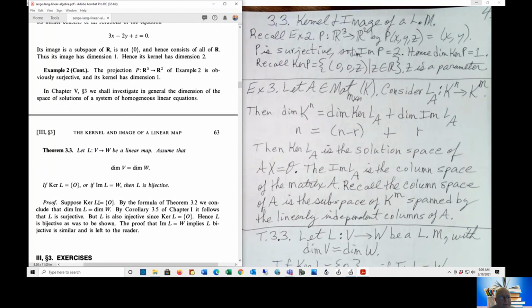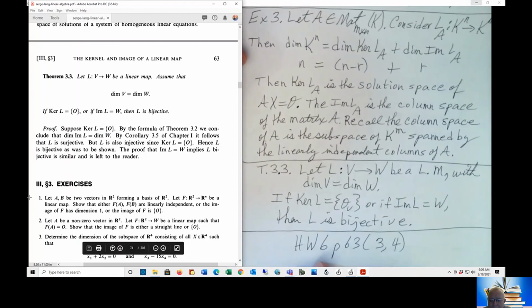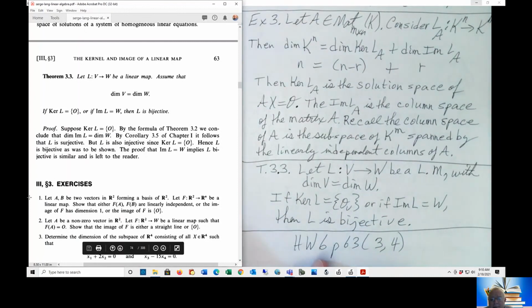And then finally, we have theorem 3.3, which we will state, and I don't intend to prove it, it's simple, but here's what it says. Let L be a linear map, V to W, and suppose the dimensions of V and W are the same. That means that V and W are actually isomorphic, almost.